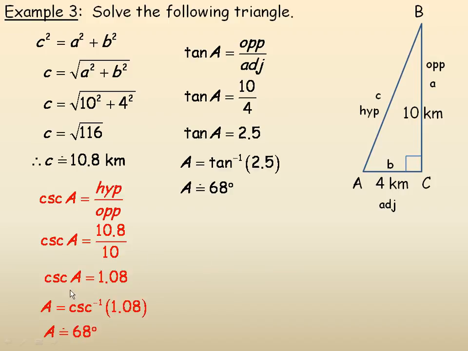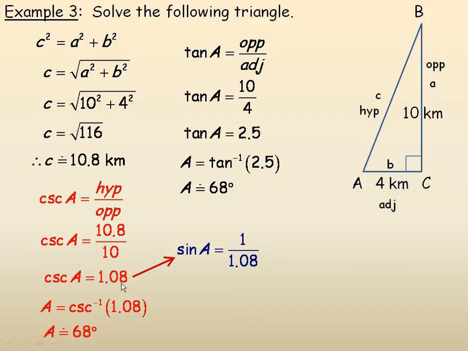Now, there is one other way to do this rather than using the chart. If you remember from the first page, cosecant is the reciprocal of sine. So if the cosecant of this unknown angle is 1.08, you could evaluate that using your calculator. The reciprocal of cosecant is sine.